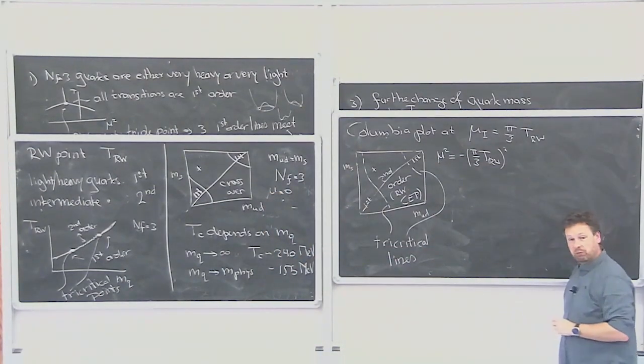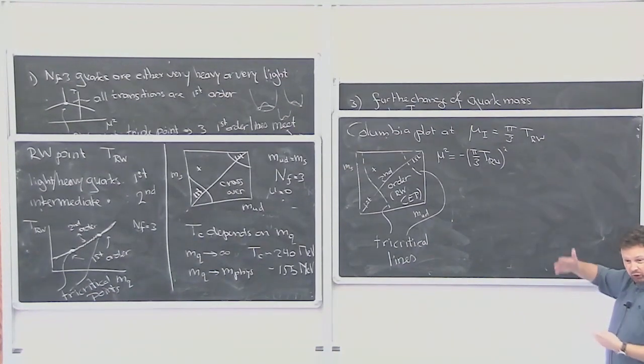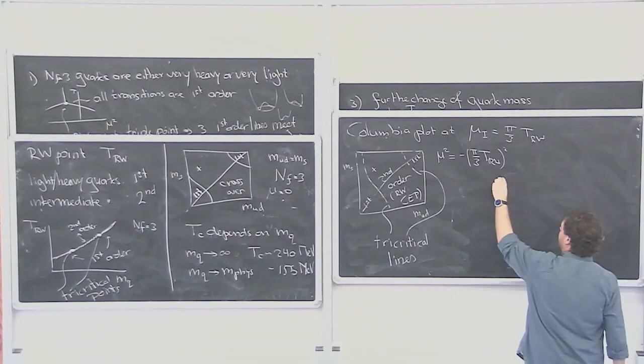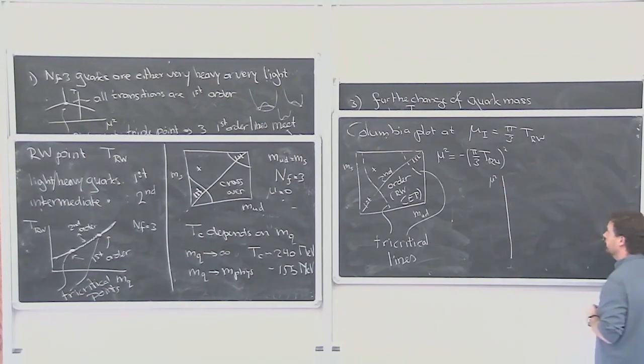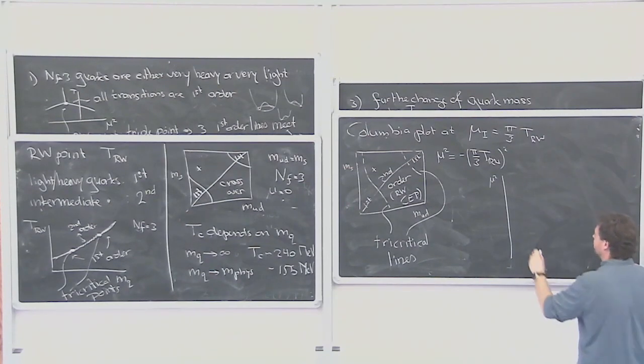So we combine them in a three-dimensional plot by also including now an axis which is mu squared. Let's draw a vertical axis here, and let's say this vertical axis is mu squared. Now I'm going to do three-dimensional drawings, and I teach first-year mechanics, and it always goes very wrong. So let's attempt three-dimensional drawings.